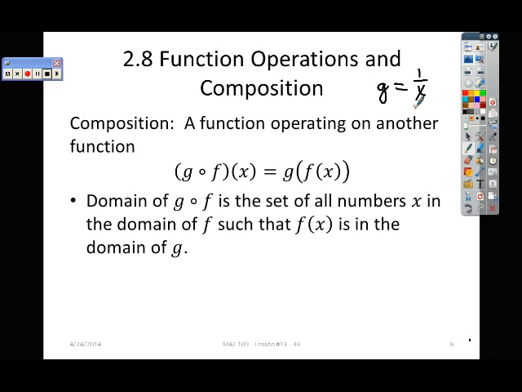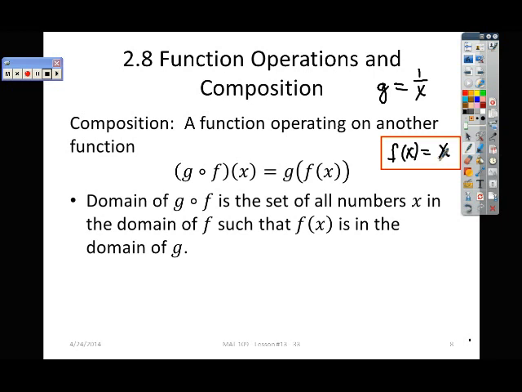And let's suppose that we had f of x equals x. Perfectly valid, two perfectly valid functions. If we evaluate this, I can put any value I want in for x, can't I? Because anything works there.